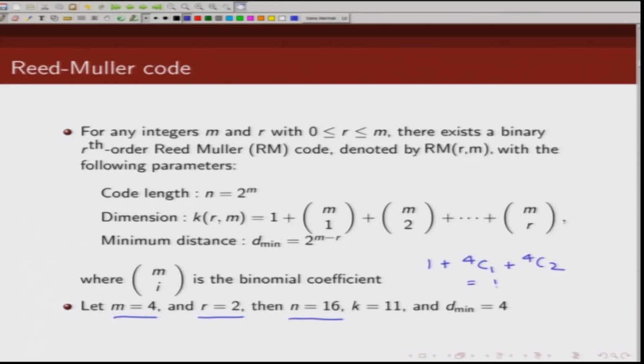So, this will be 1 plus 4 plus 4 times 3 by 2, which is 1 plus 4 plus 6, equal to 11. So, k is 11, and the minimum distance is 2 raised to power 4 minus 2, which is 4.